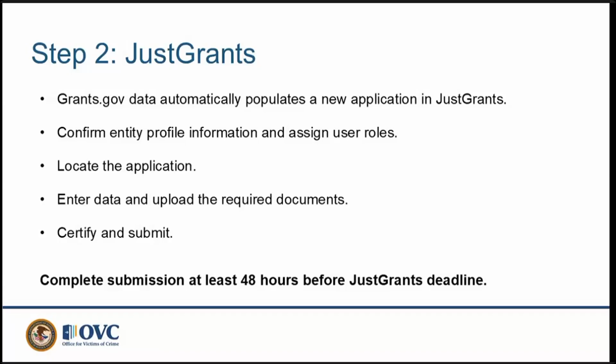If your entity is new to JustGrants, your SAM.gov eBiz point of contact is automatically assigned as the JustGrants entity administrator and must follow the instructions they receive from an email from DOJ to create a JustGrants account. The entity administrator role may be reassigned once the entity is onboarded.